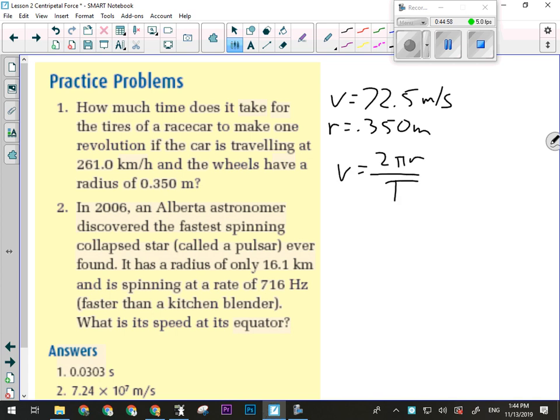We're trying to find the period of one revolution, so I've got to solve for t. I'm going to multiply both sides by t, then divide both sides by v. So t will equal 2 pi r over v. So 2 pi times 0.350 divided by 72.5.